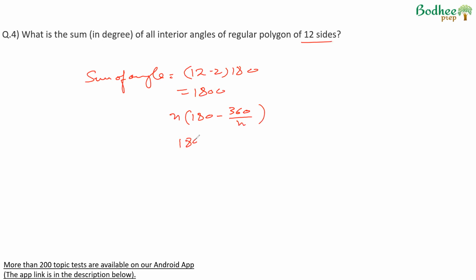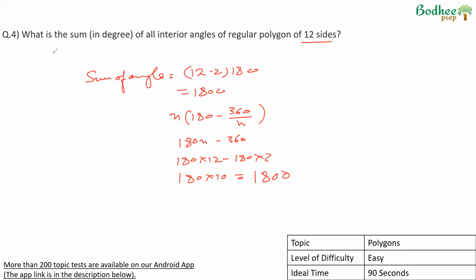This again becomes 180n minus 360. In this case, 180 into 12 minus 360, which is 180 into 2, and therefore 180 into 12 minus 2, which is 10. Or 1800 becomes my answer. Easy question, straight formula, not more than a minute or maximum a minute and a half to get this question done.